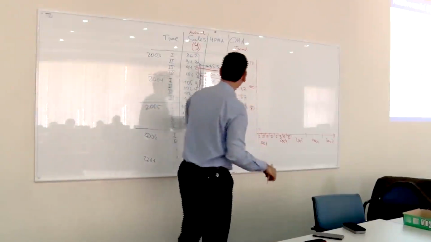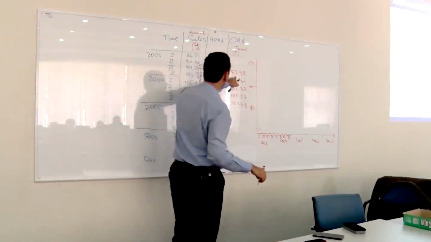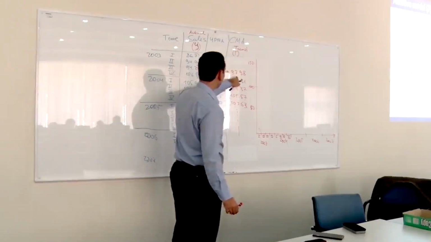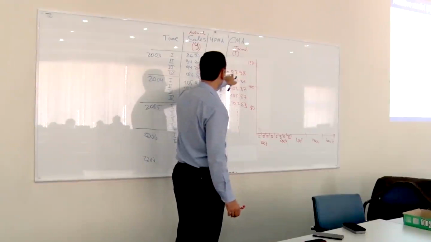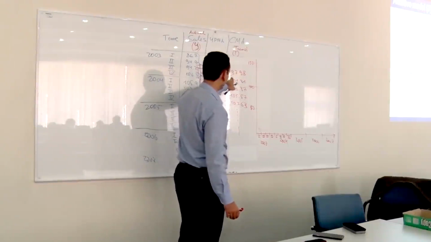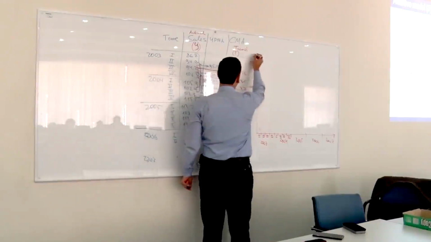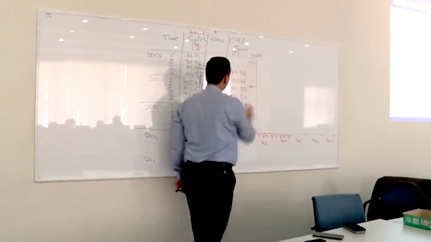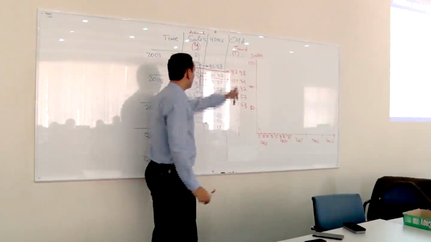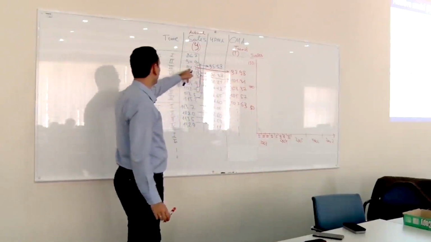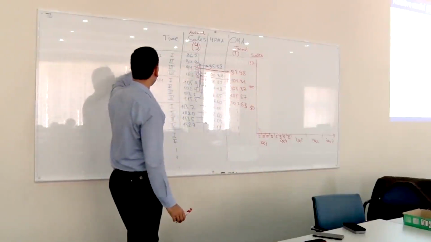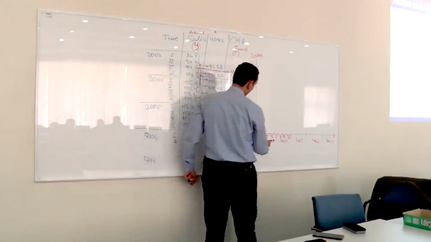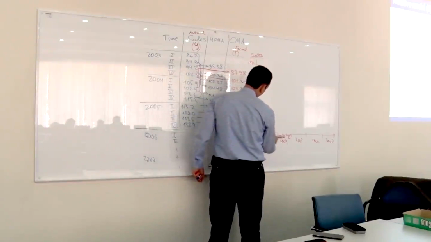Now, plotting the first point, 97.98. Where does it go? This is sales. So sales 97.98. You look at here, and it says it's 2003, the third quarter. So our first point will start from 2003, the third quarter.